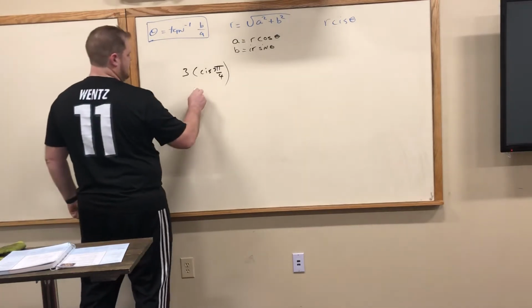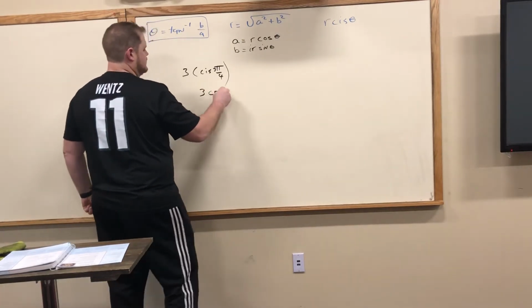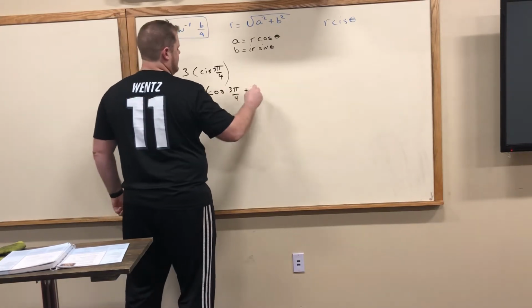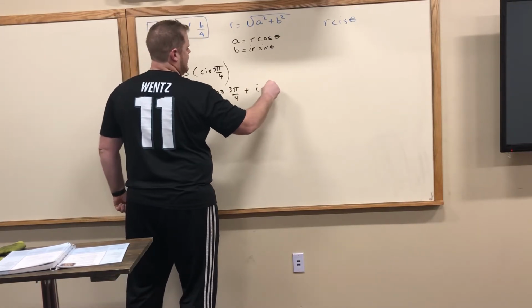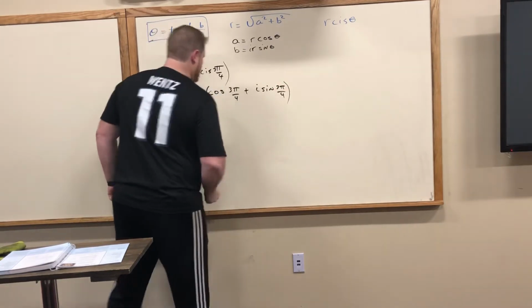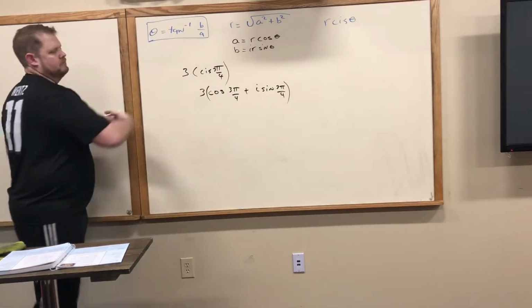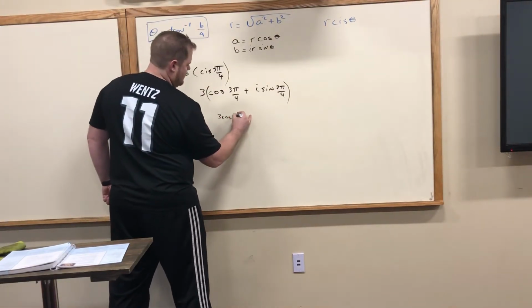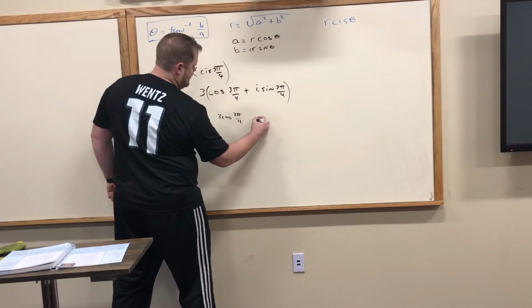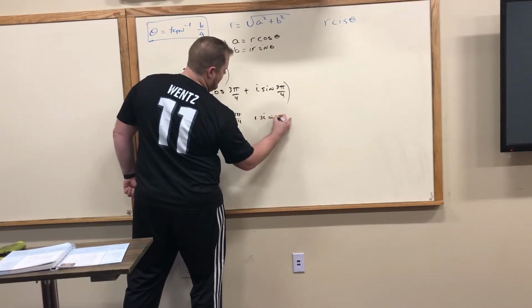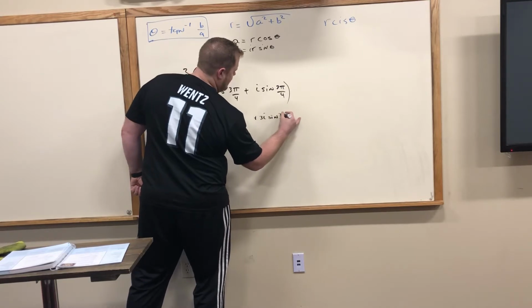First step, 3 cosine 3 pi over 4 plus i sine 3 pi over 4. Now what? We distribute, right? So it's going to be 3 cosine 3/4 pi plus 3i sine 3/4 pi.